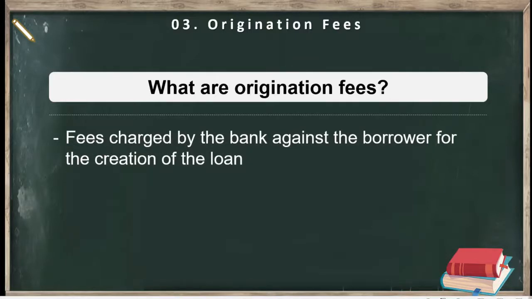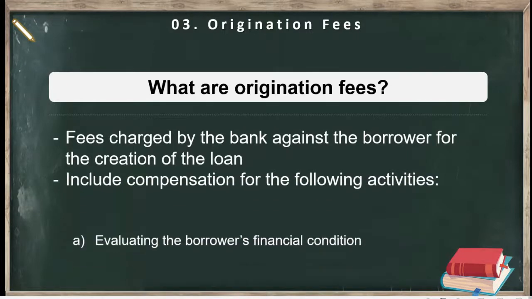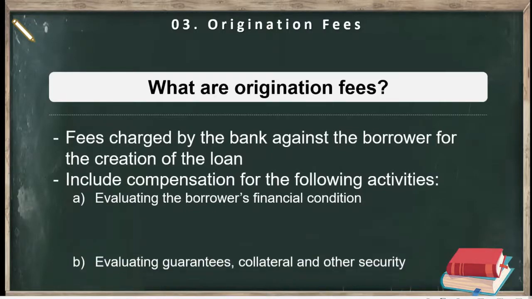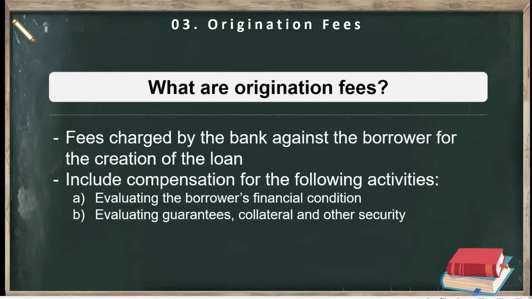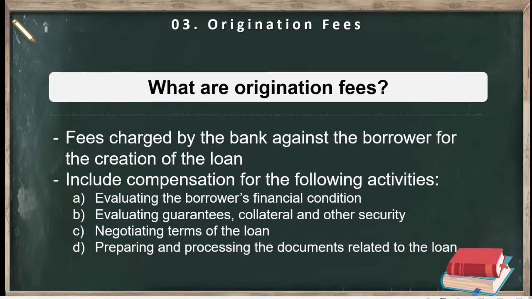Origination fees are the fees charged by the bank against the borrower for the creation of the loan. These include compensation for activities such as evaluating the borrower's financial condition, which is a background check, then evaluating guarantees, collateral, and other security, negotiating terms of the loan, preparing and processing the documents related to the loan, and closing and approving the loan transaction.